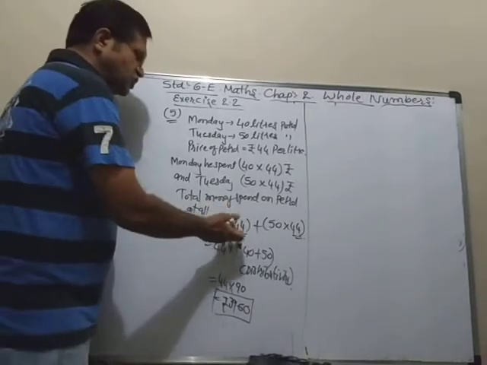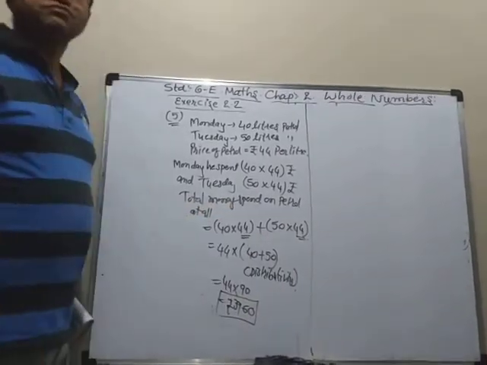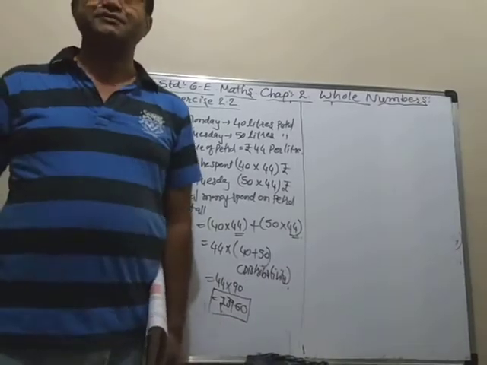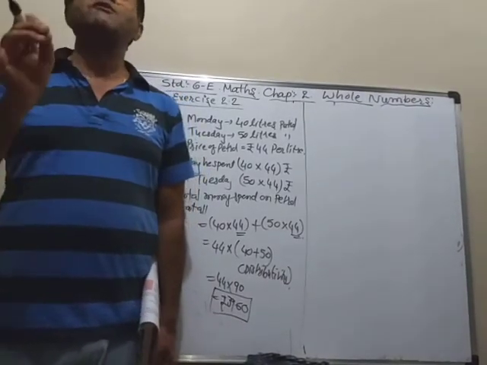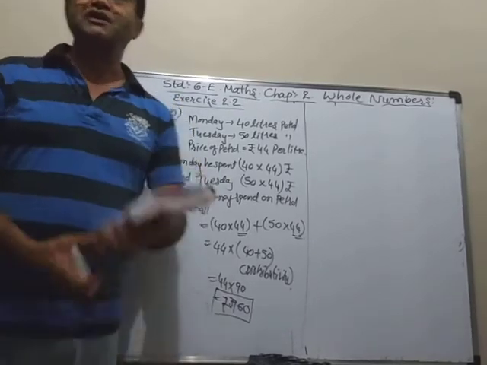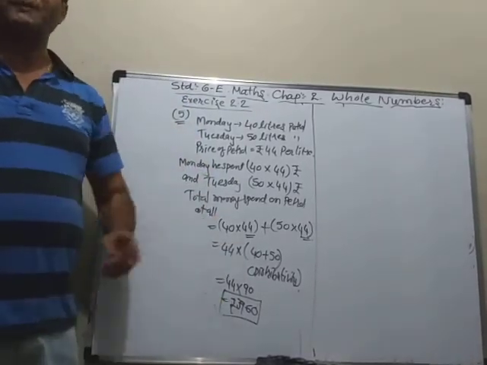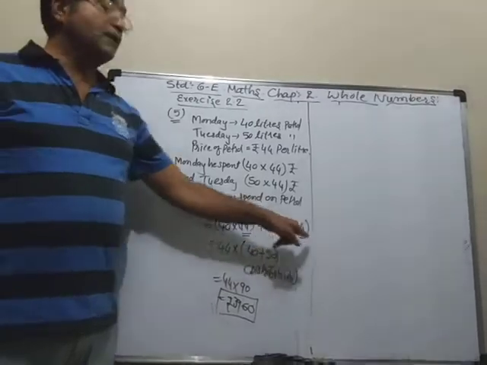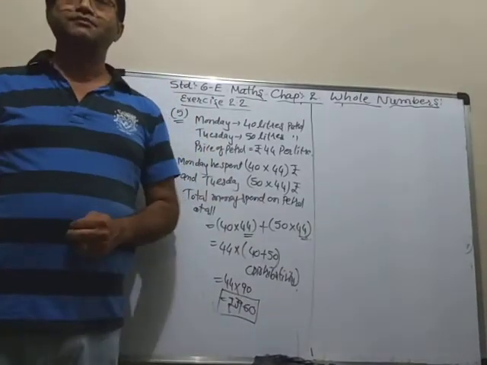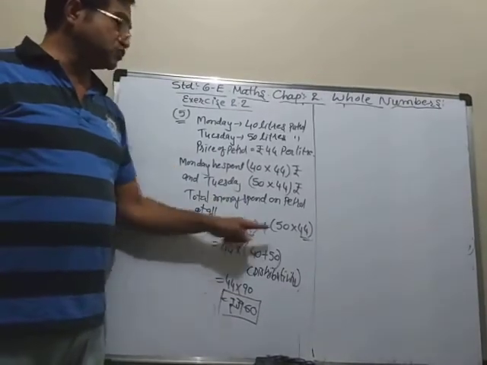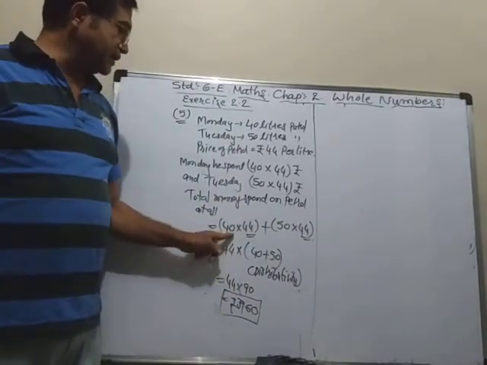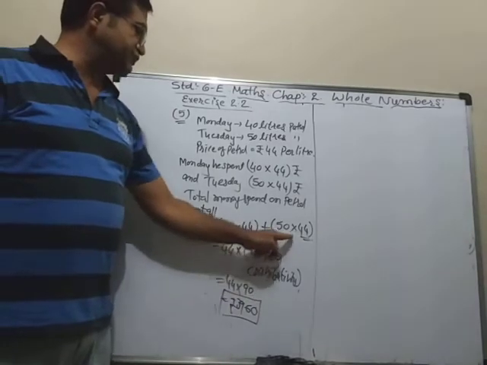Here actually this is also not so difficult. But if there are big numbers, then to do that multiplication it will be very difficult. So rather we have to use the distributive property. So we don't have to do multiplication 2 times. Because we take out 44, which is common in both of them, and 40 plus 50.